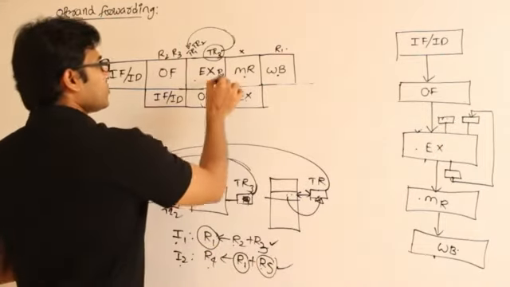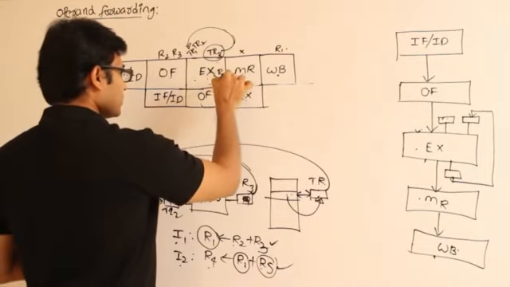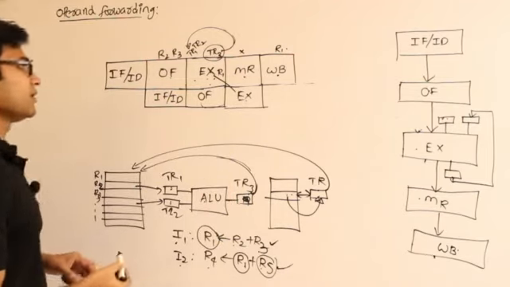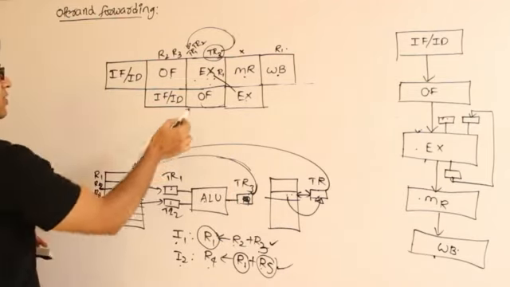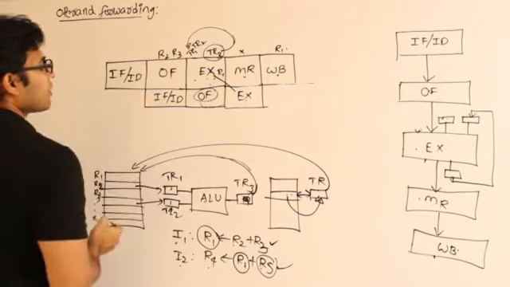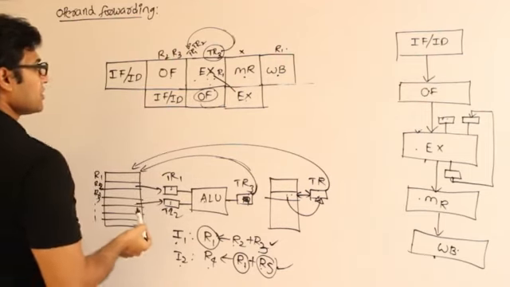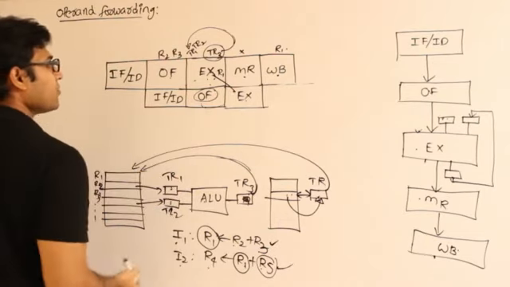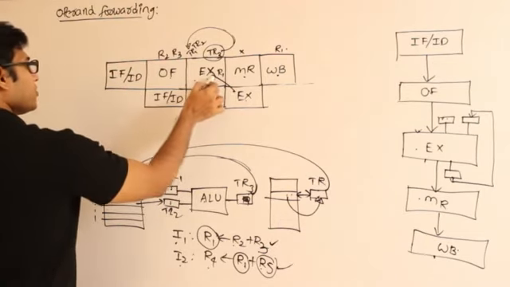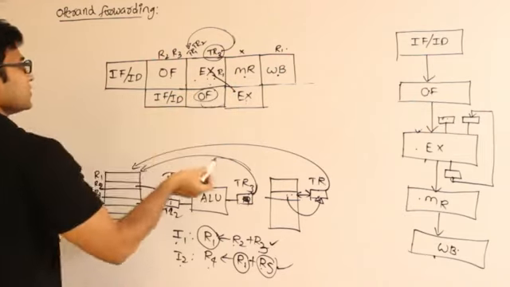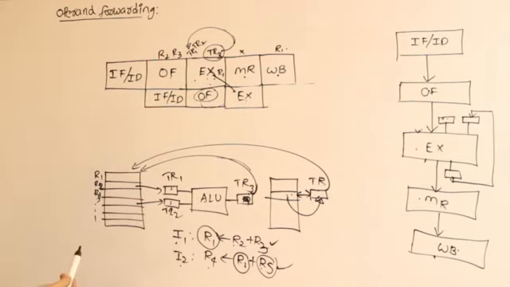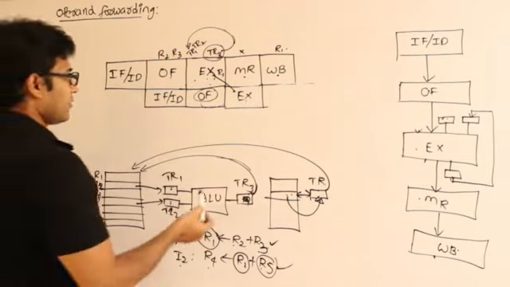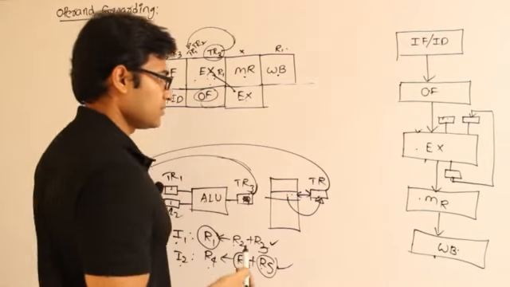Got it? And so after this execution phase, we can start the next execution without delaying, right? And even if operand fetch is going to fetch wrong operands, it doesn't matter, because they will be replaced by the correct operand by this operand forwarding. So the output of the execute phase is going to be provided as the input to the execute phase. And after this you can continue as before.